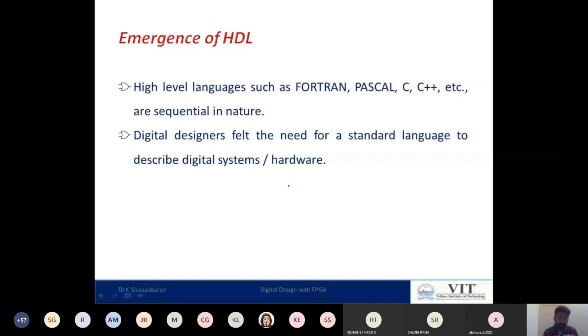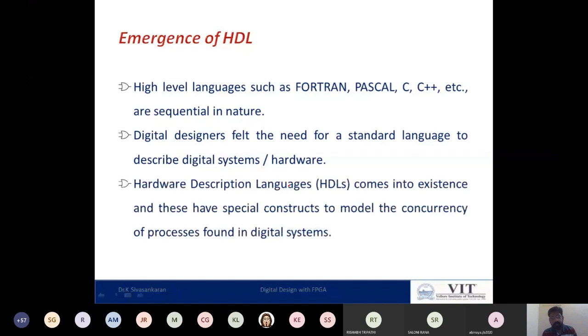One is working on schematic based, the other is working on some other design entry procedure. I want a unified standard language which will be able to describe your digital system in terms of hardware. Then HDL is a common language that has been introduced to define those kinds of designs.